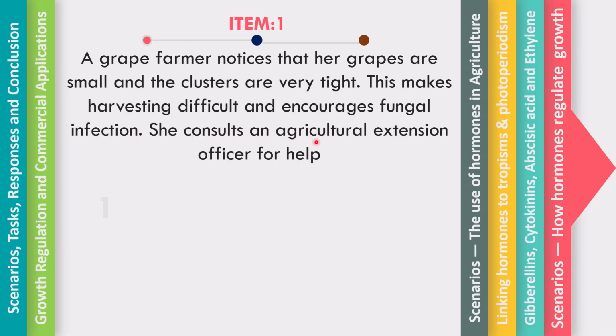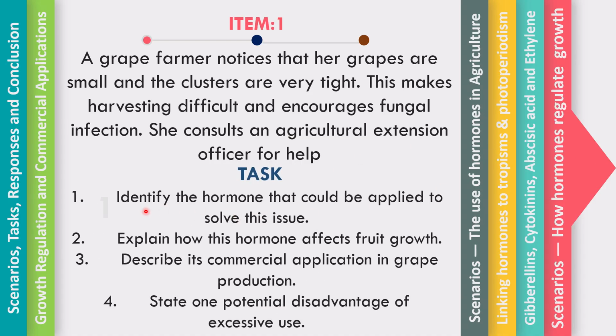She consults an agriculture extension officer for help. Task: identify the hormone that could be applied to solve this issue. Explain how this hormone affects fruit growth. Describe its commercial application in grape production. State one potential disadvantage of excessive use.